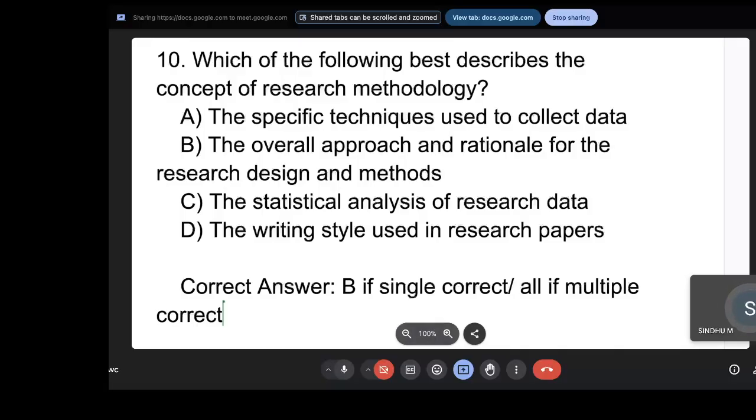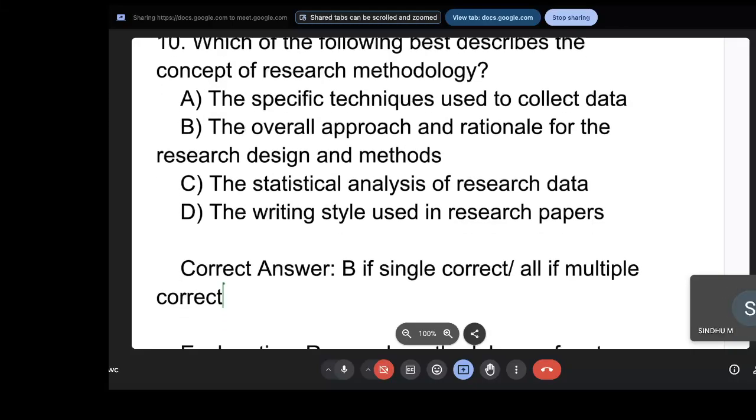If it is a single-correct question, then the correct answer will be option B. But if they have mentioned that it can be a multiple-correct question, then A, B, C, D, all of them will be correct. So option B is the best description, but options A, C, D are subparts of option B itself.